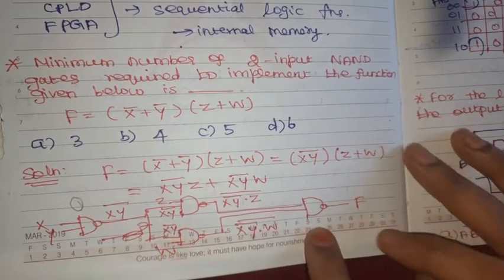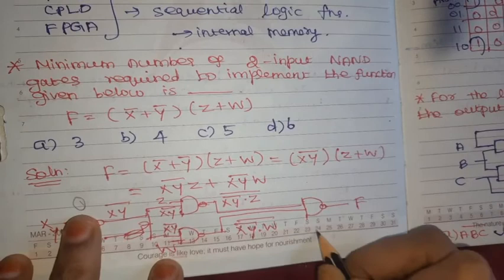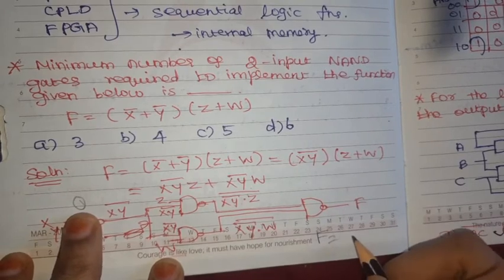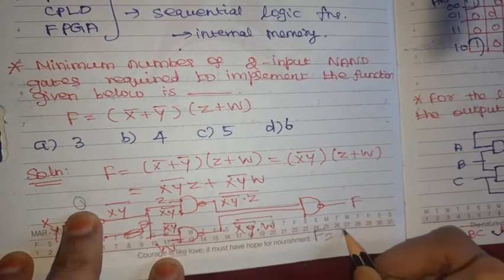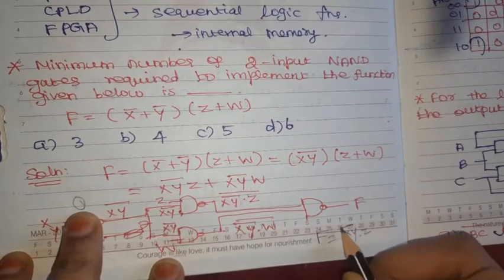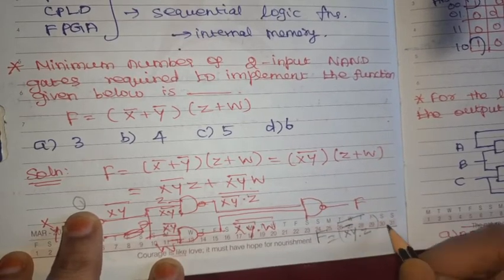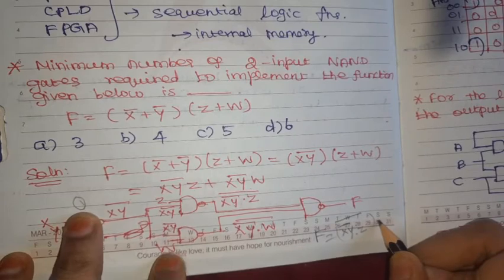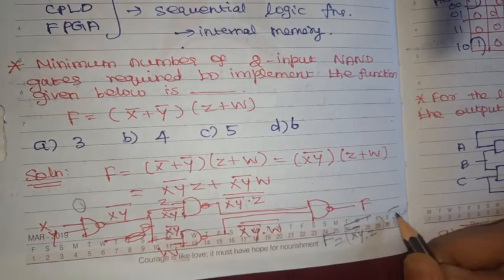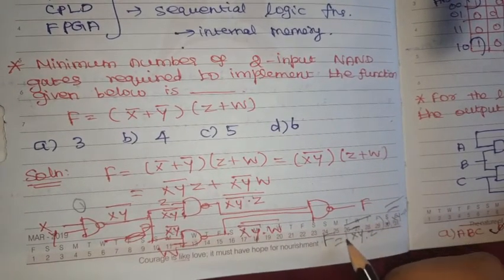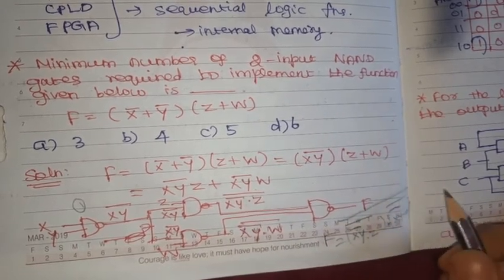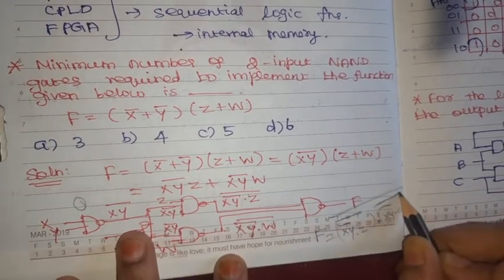Its output is the multiplication of these two and then the whole bar: xy bar into z the whole bar, multiplied with xy bar into w the whole bar, all under a whole bar.